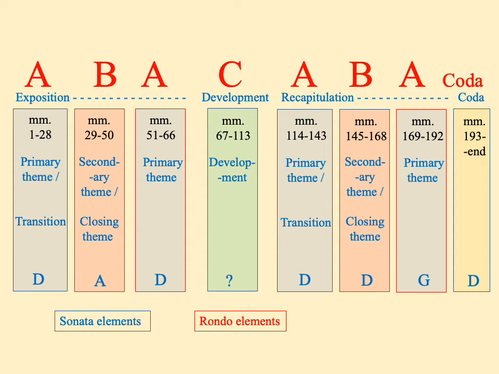But clearly, he's writing one of those sonata rondos we've been talking about. And you can see how so many of the things we would expect to happen have taken place here. There was a tonic key put forth that was D major, and then Beethoven placed a primary theme in that and wrote a transitional passage that carried us to the dominant key of A major, which would happen in binary form and sonata form.